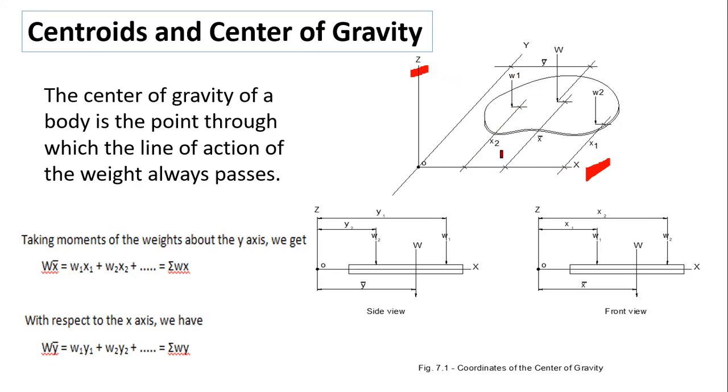Here we have the distance from here going here, which will be X1, obviously, for W1, and then X2 for W2. Similarly, there's also a distance depending on the centroid that you would like to compute: X for the X axis, and Y for the Y axis.